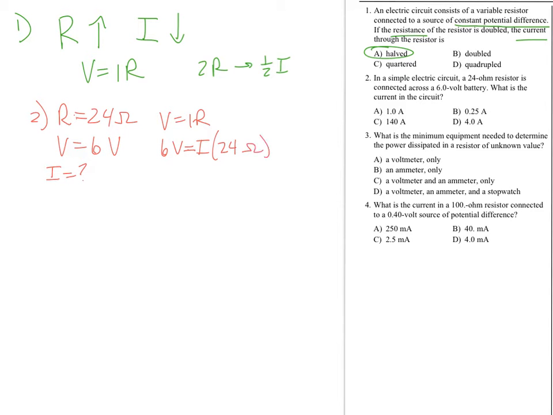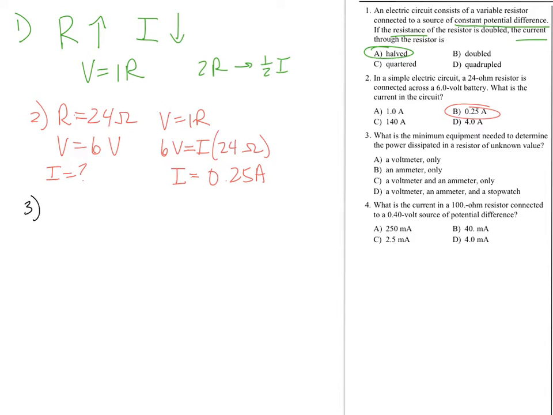Please note my handwriting, I am not using my regular stylus. 6 divided by 24 gets you 0.25 amps. Choice B. Hey, look, that's a familiar question. You should have noticed that in the IA, ladies and gents.